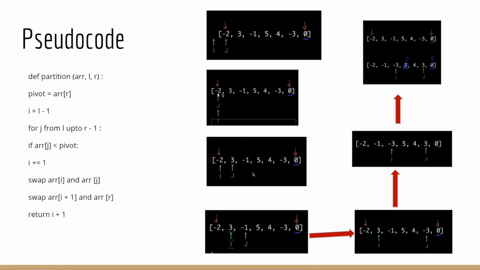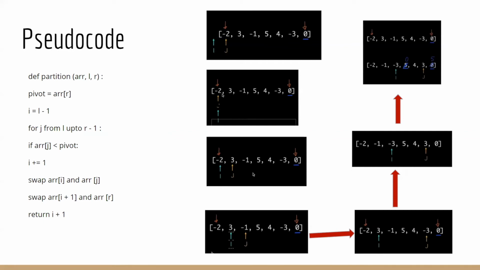It's less. Because it's less, then i will be plus 1, just plus 1 as a position. So therefore, j and i are both located at the same integer. And here we swap the value of i and the value of j.